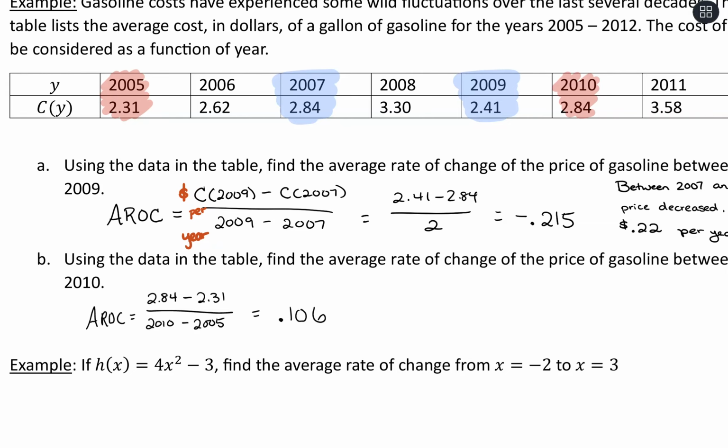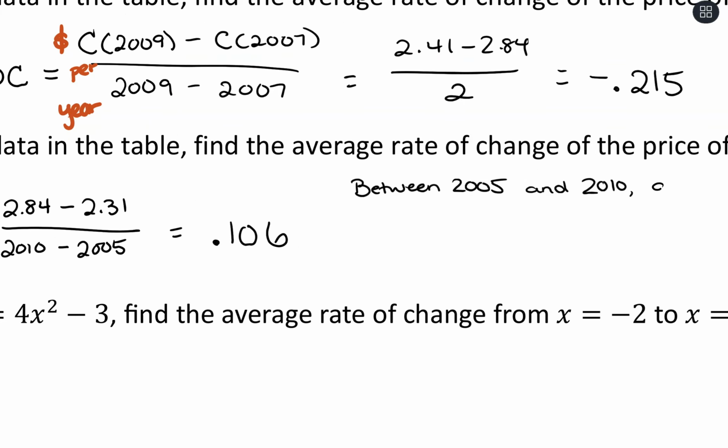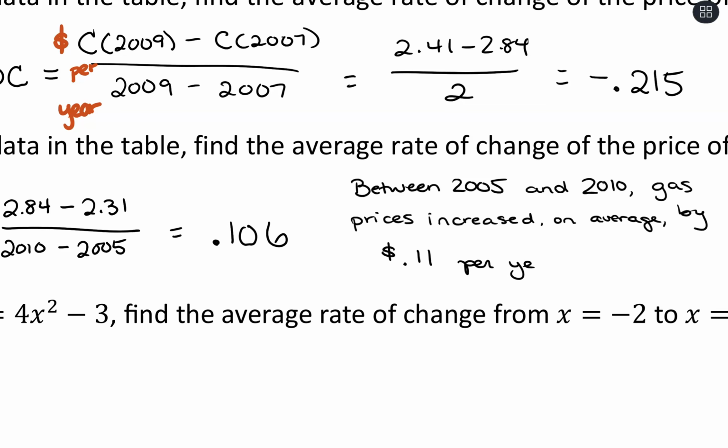0.106. So in a sentence, I would say between 2005 and 2010, gas prices increased, because it's positive, on average by, and this would be like 11 cents per year.